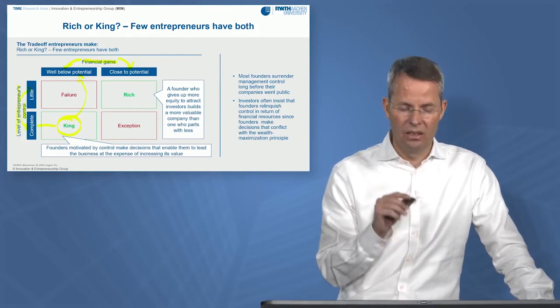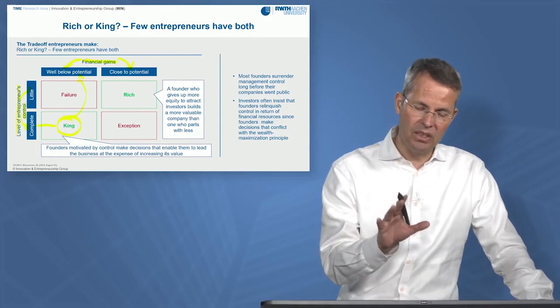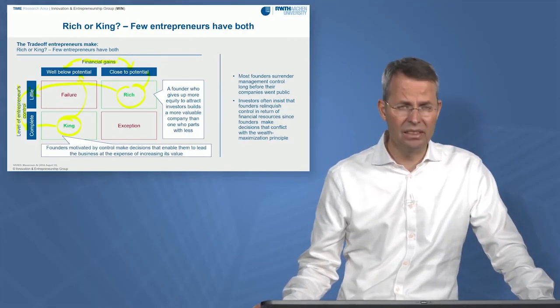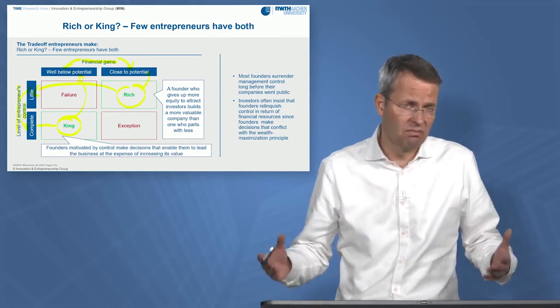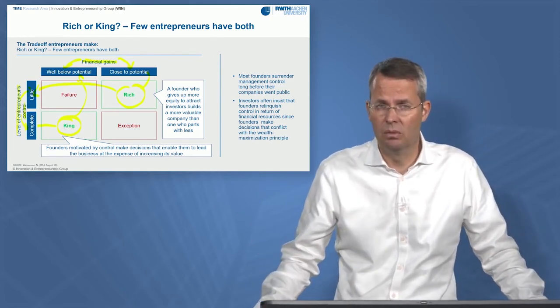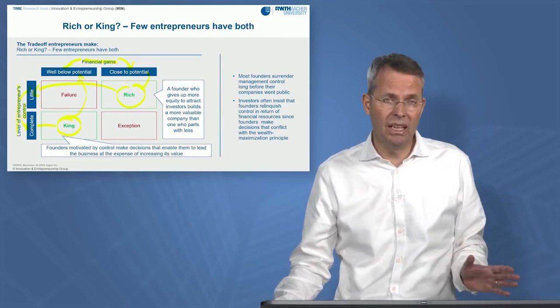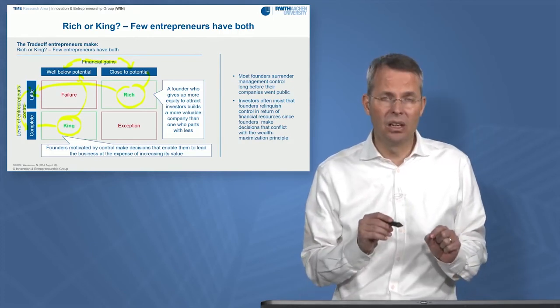On the other hand, those founders who realize the potential of the businesses can be very rich, but at the very end, they remain with little control, which is not necessarily a bad thing, because if you end up rich, it might be the thing you wanted. Founders sometimes don't want to end up rich, they want to end up king. And it's difficult to combine both.